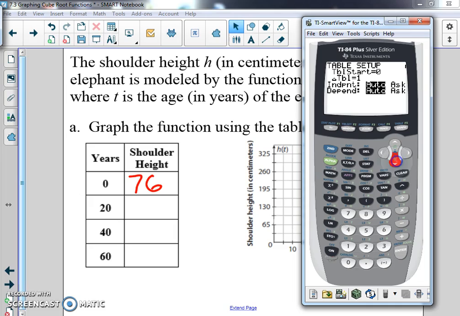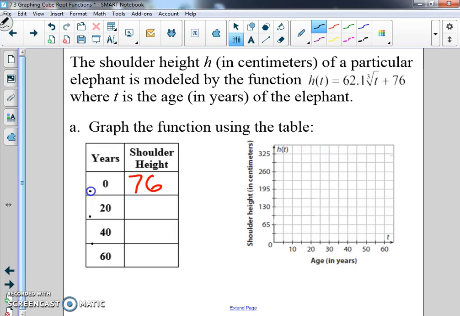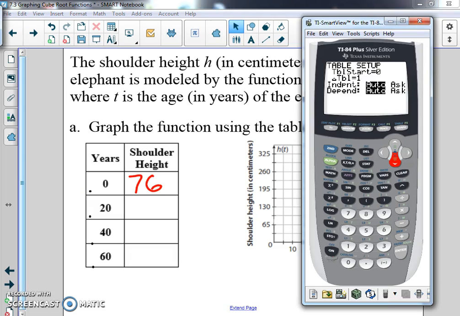And instead of having our table count by ones, we're going to count our table by 20s, just as this goes from 0 to 20 to 40 to 60. So let's go ahead and have that count by 20s. At delta TBL, we're just going to set in 20 here. And then we're going to go back to our table by going second graph. And that gives us a table counting by 20 years.